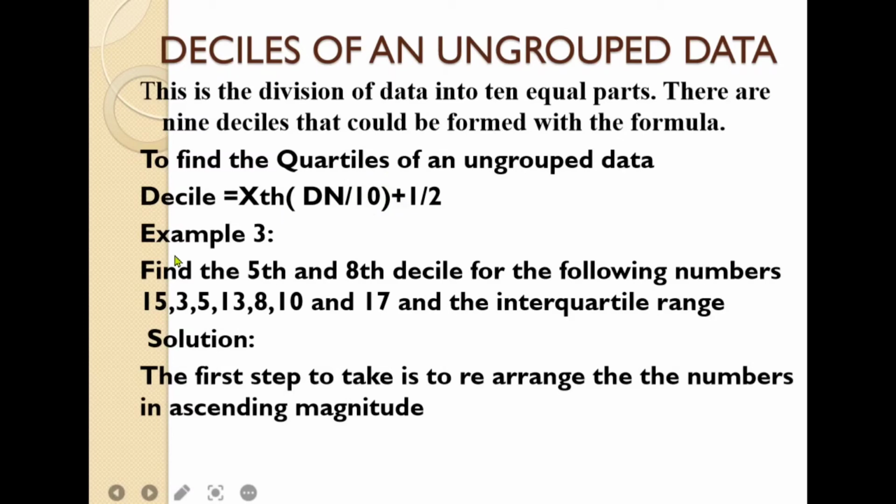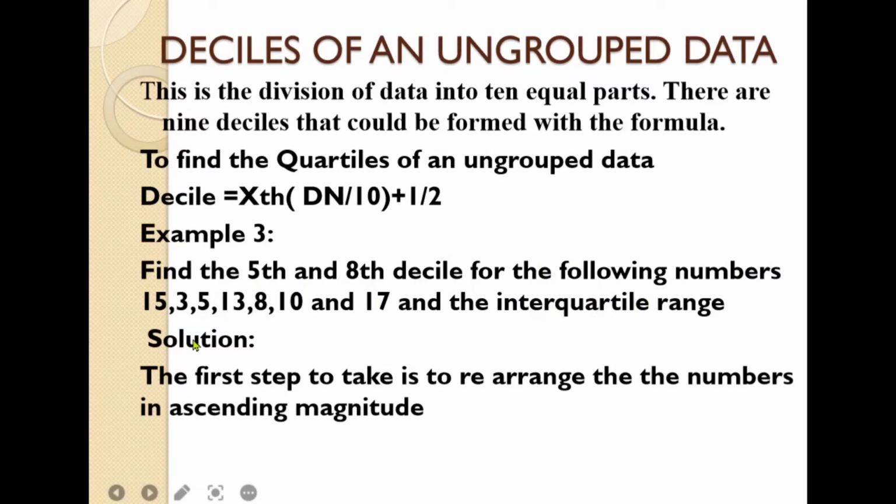Now let's solve this question. Find the 5th and 8th decile for the following numbers: 15, 3, 5, 13, 8, 10, 17. And please take note, you can actually find the decile for any number, and we are asked to find the interdecile range.